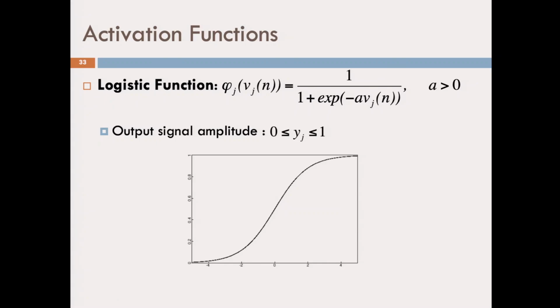So we have 1 divided by 1 plus the exponential of minus the linear combination. Usually this constant a here is 1. And what happens to this activation function? It shrinks the output of the neuron to be between 0 and 1.